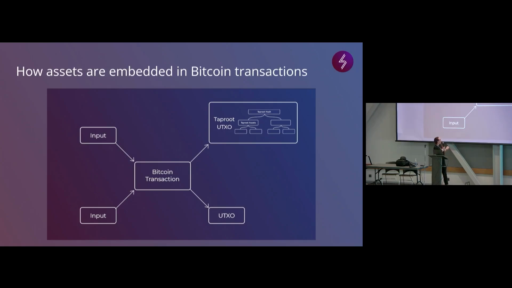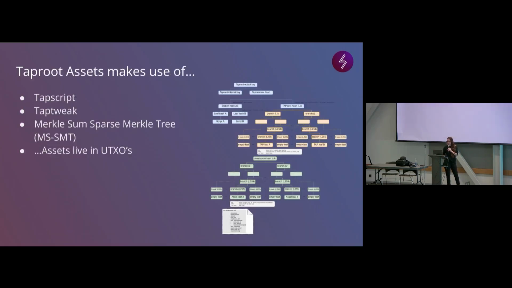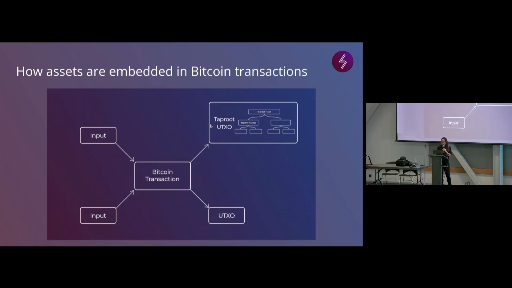So if we imagine that Alice is minting some Alice bucks, which is going to be a stable coin, right? On her Taproot Assets node, she would create that Merkle tree structure, all of this data. Then she would summarize this all the way up till we get this root hash. And then at the top of this, the head of this tap script Merkle tree, we get another root hash.